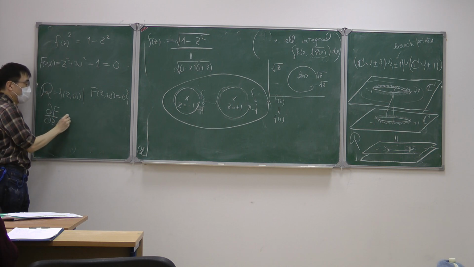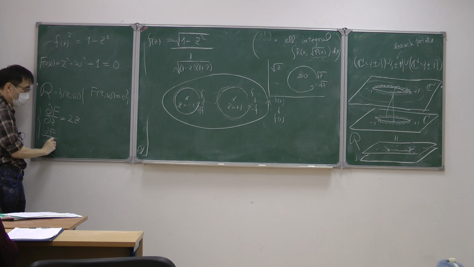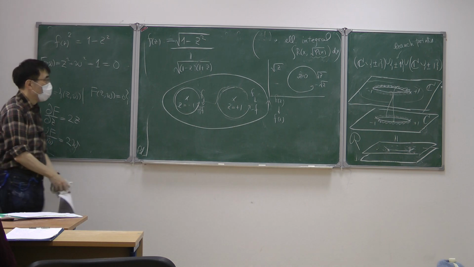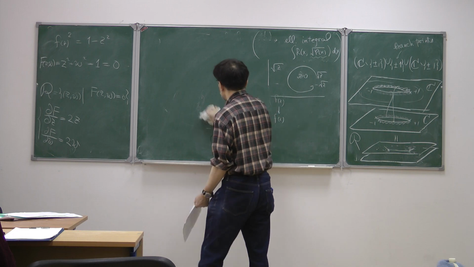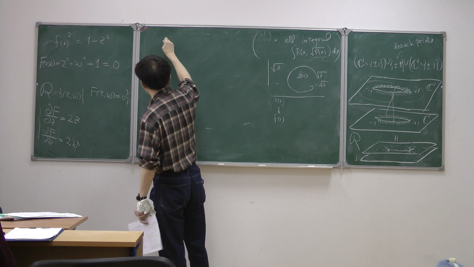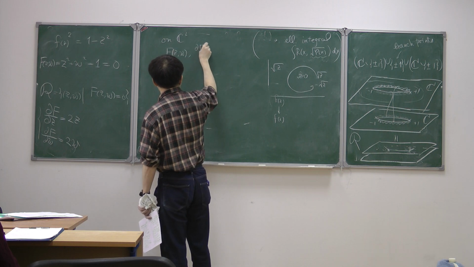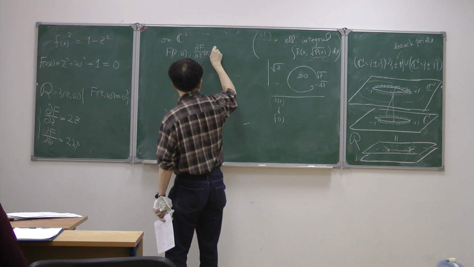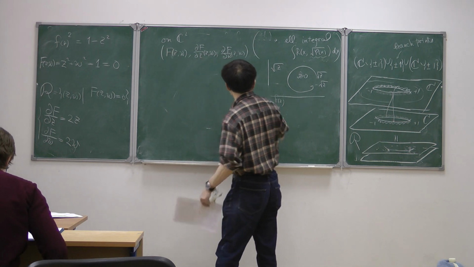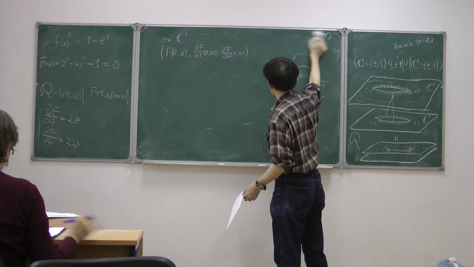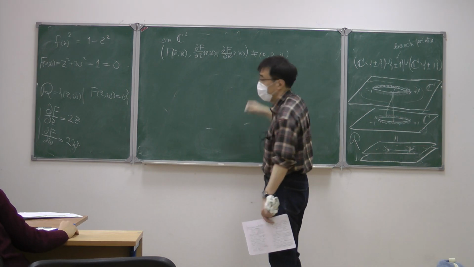The derivative by z is 2z. This is 2w. So this pair does not vanish anywhere.